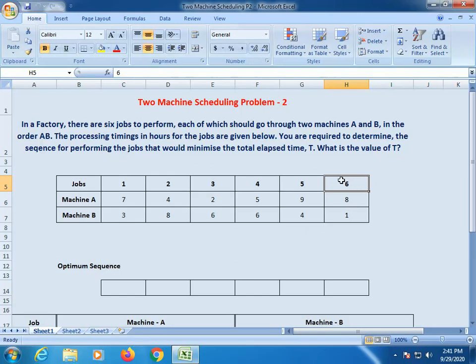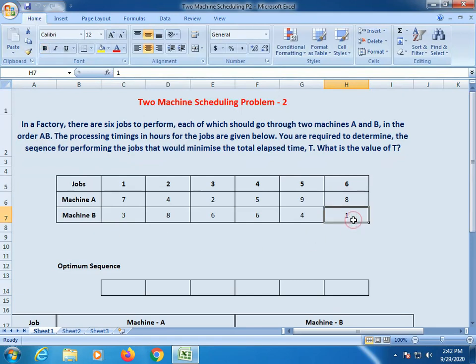So here we have to place the job in the optimum sequence. Actually we have 6 jobs, that's why I have taken 6 boxes. So we have to order all these 6 jobs. Here first we have to place job 6 in the optimum sequence with the help of the shortest processing time. This is relating to machine B and this is relating to job 6.